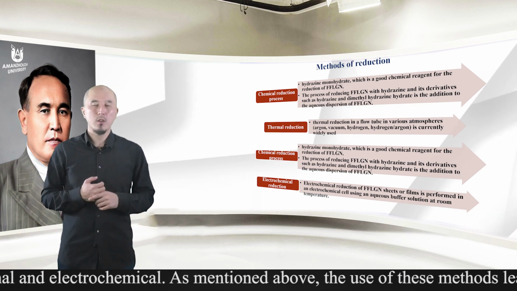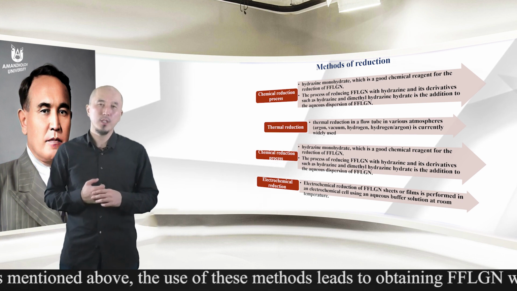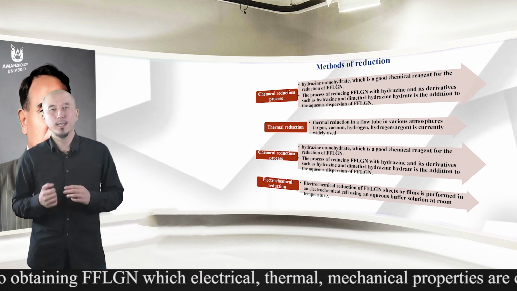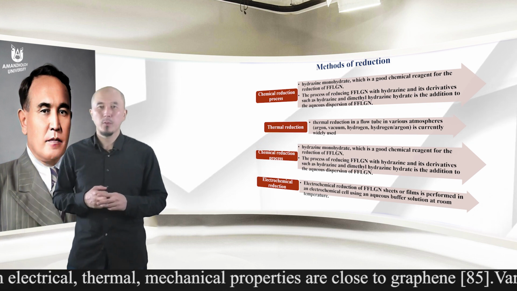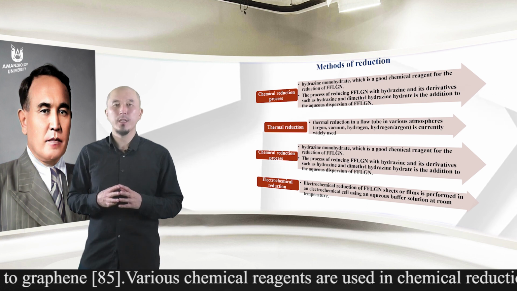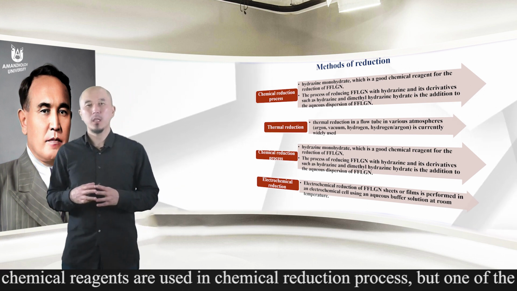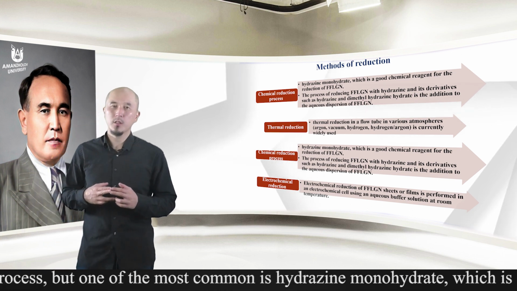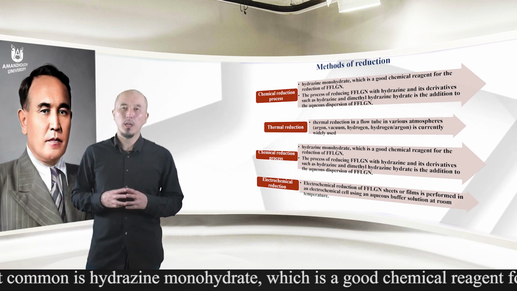As mentioned above, the use of these methods leads to obtaining FFLGN, whose electrical, thermal, and mechanical properties are close to graphene.